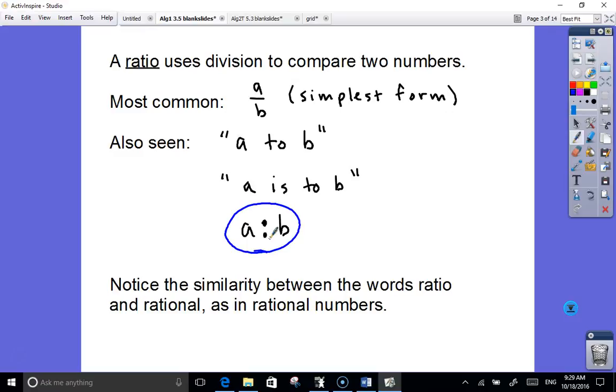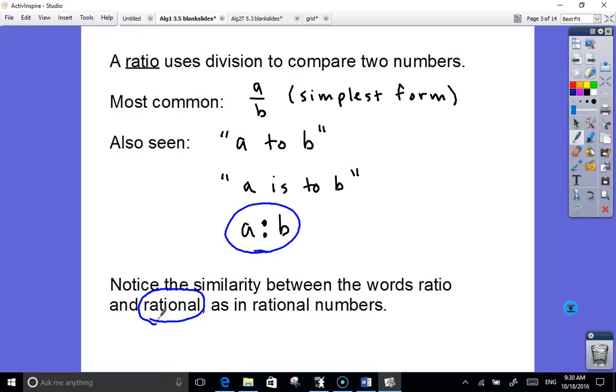So notice that the word ratio is the same as rational, right? We said rational numbers are what? Okay, better answer than that? Fractions. Any number that could be turned into a fraction. So ratios are fractions.